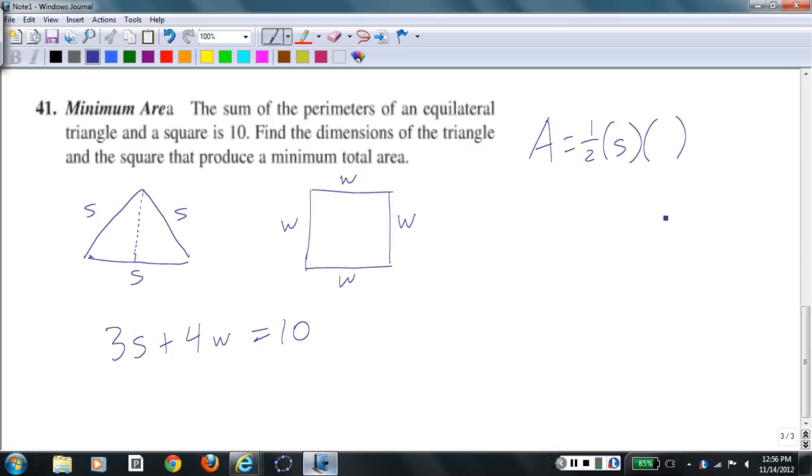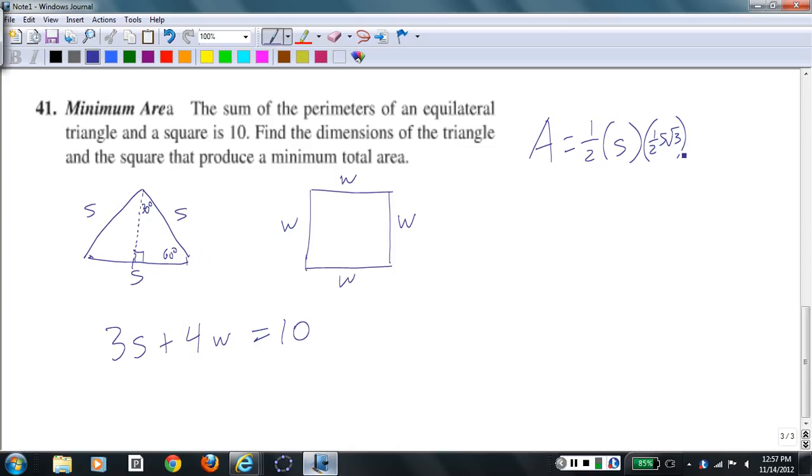The height, I think, is 1/2 S times the square root of 3. Based on this 30-60-90 right triangle, where you take the length of the shorter side and multiply by the square root of 3 to come up with the height.